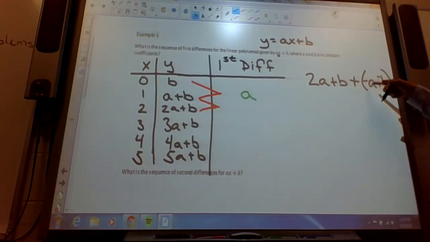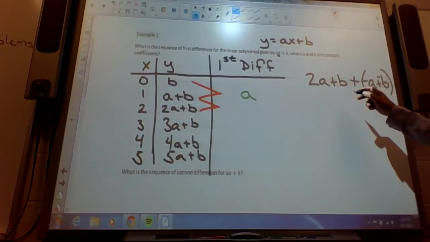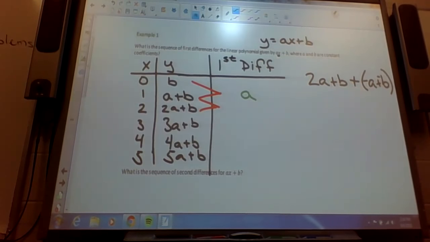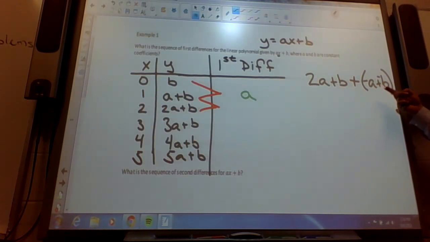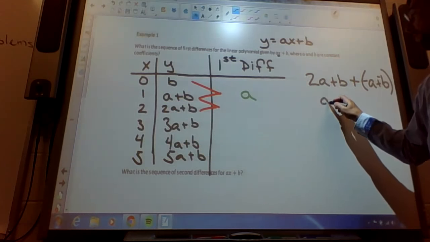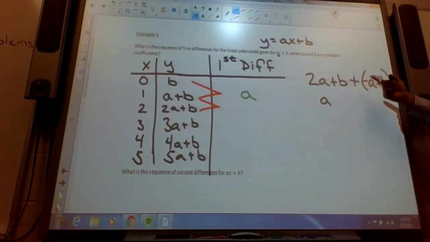So then I got 2A minus A, which gives me what? I'm combining terms right now, right? I got 2 A's, I take 1 away. So how many A's do I have left? 1 A. And then I got 1 B, and I take away 1. How many B's am I left with? 0.